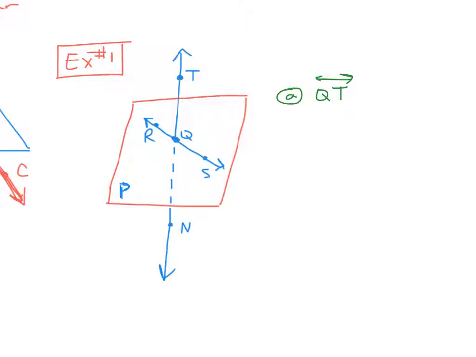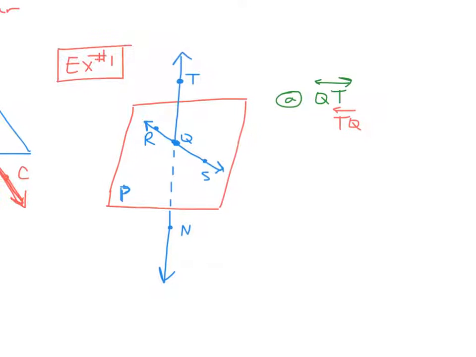You could call it line TQ. Do you see another way that you could name that line? TN would work. Or QN or NT. So there's a lot of options there, right? But there's multiple ways that you can name that line.